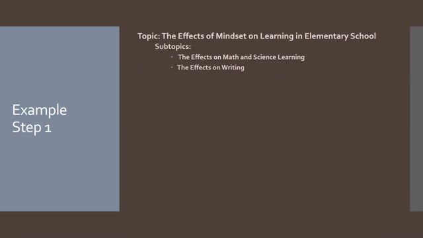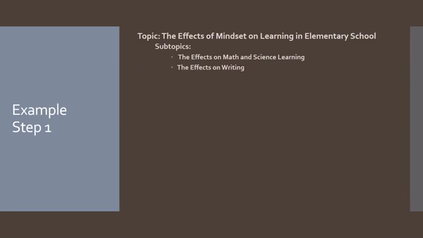This would have evolved out of me looking at my articles and noticing that some of them measure learning in arithmetic, math, or science fields, and my other studies looked at different types of learning in language arts or writing. So I decided to separate my studies into those two groups. So I've got these two subtopics.